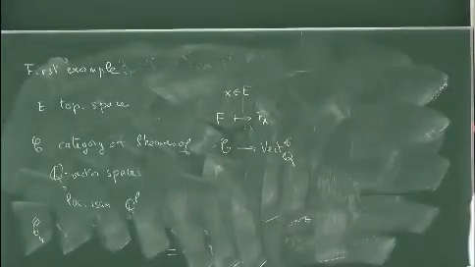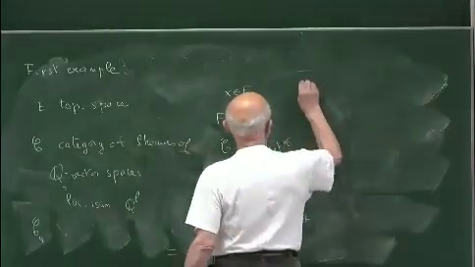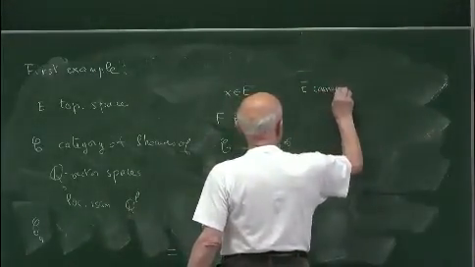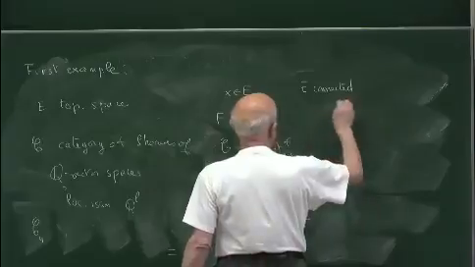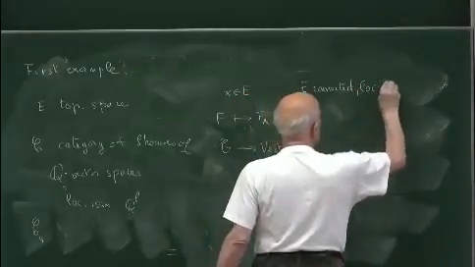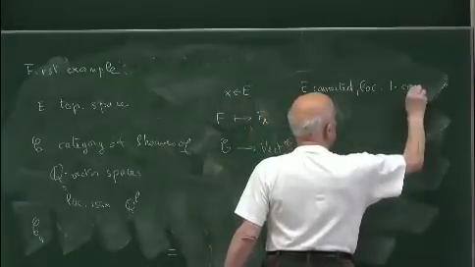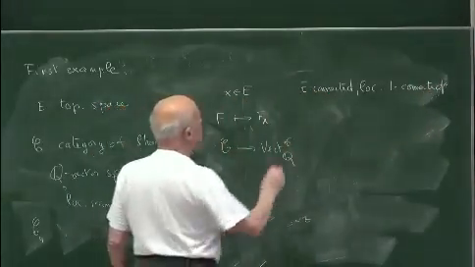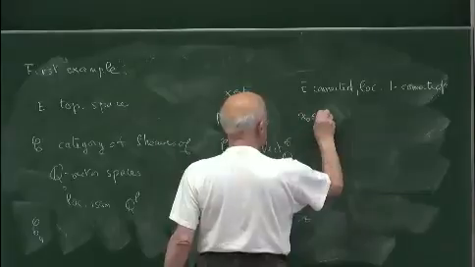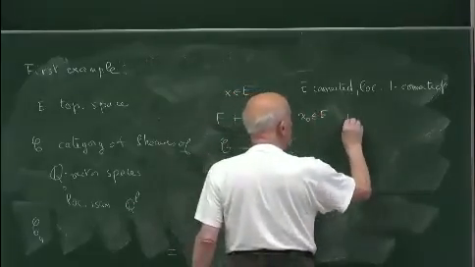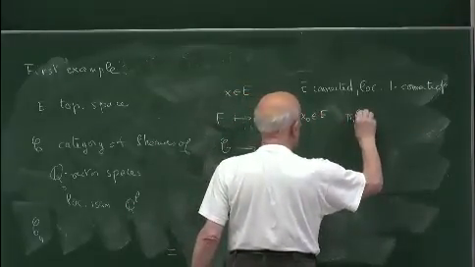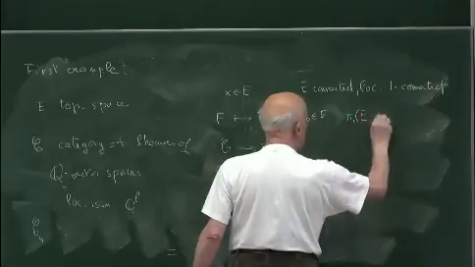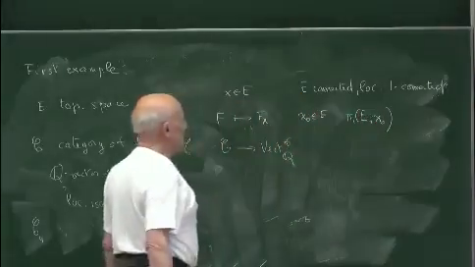This is unipotent monodromy. It is known that if E is connected and, let's say, locally simply connected, any manifold to simplify, and if you choose a base point x0 in E, then you have a group pi 1 of E at x0.